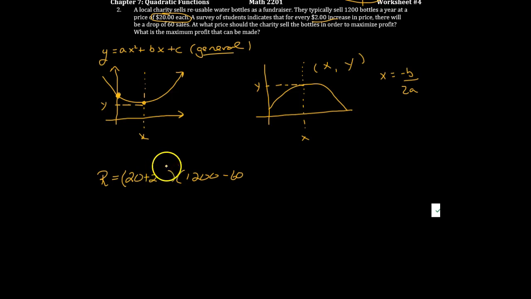You don't know how many times you're going to increase the price by $2 and then lose 60 people. Look right here. How many times are you going to do this? I don't know. That's where we use the variable n. N is going to represent the number of times you're going to increase the price and then, as a result, lose people.